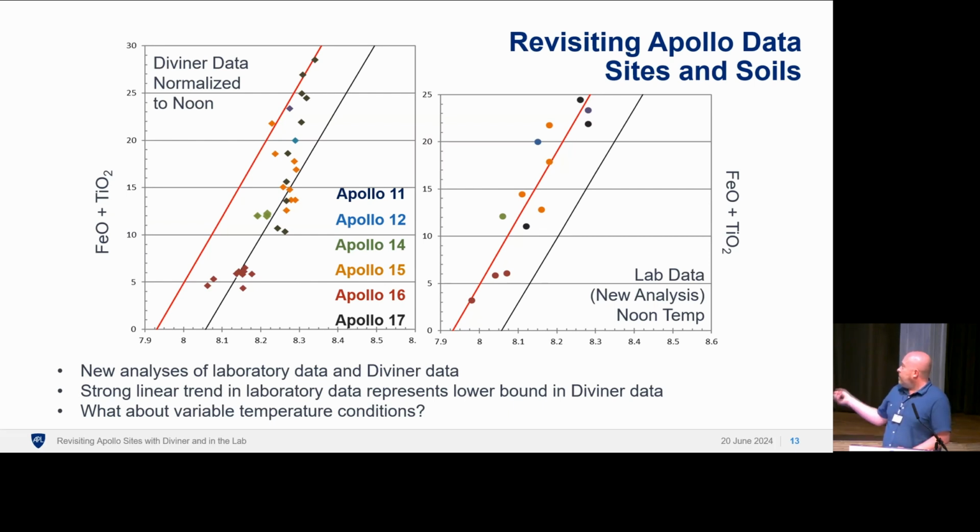And I've now fit a red trend to the laboratory data and also put that red trend on the Diviner data. And here we can see that the Diviner data actually is being bounded by the same red trend, which is really good because there's lots of ways that we can get the Christiansen feature to move to slightly longer wavelengths.